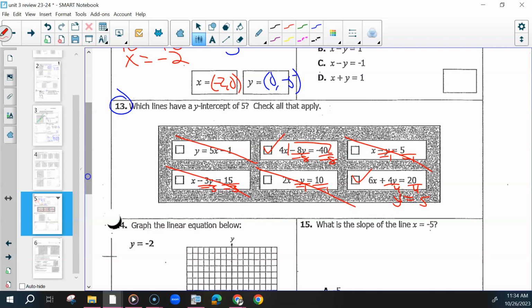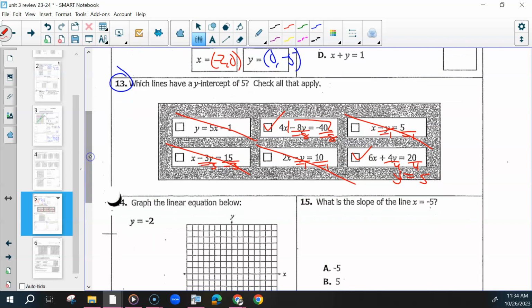Those you only divide by the y-intercept. If it said x-intercept, you would do the x-intercept. For this one, you would have to graph it or convert it back by moving the x term back over.